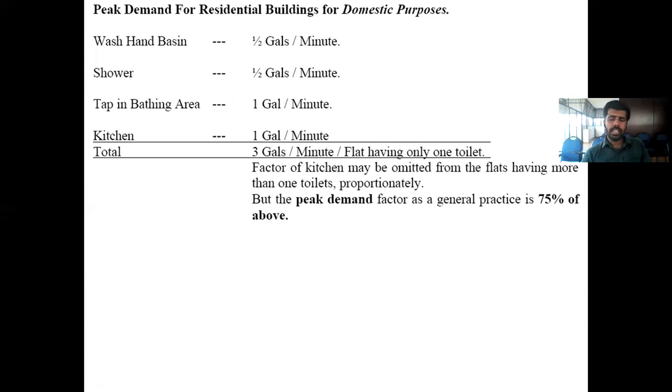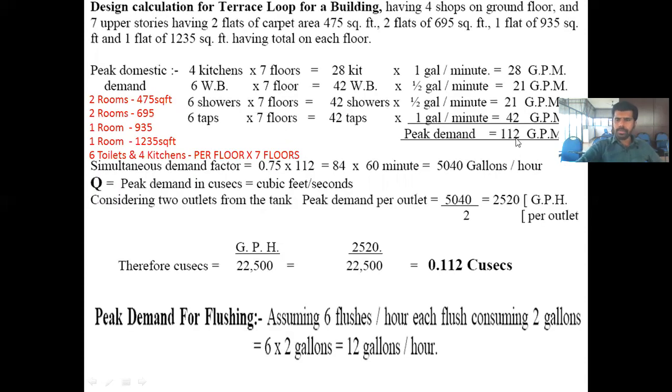So we will know what this is when we do a problem. But the peak demand factor, as a general practice, is 75 percentage of the above values. Okay, so we can do a problem.